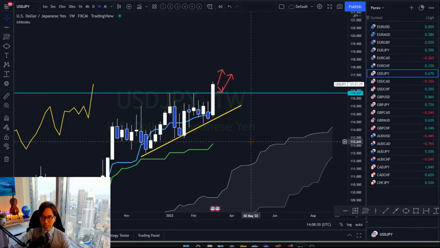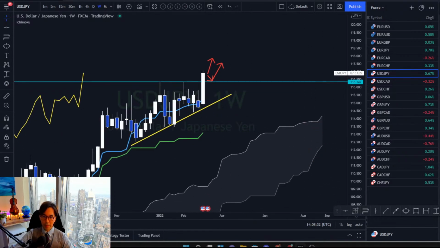So in the weekly chart also, Kumo is up, Kumo has been bullish, and Kijun Sen is also bullish, and Tenkan Sen bullish, and Chikou span above candles. So the weekly chart is now starting to be bullish. That's a good sign. So we can keep looking for the buy chance.